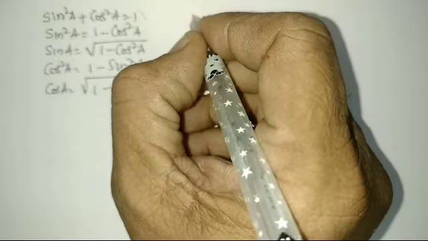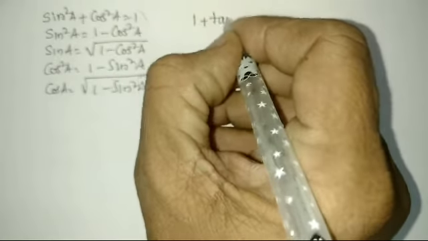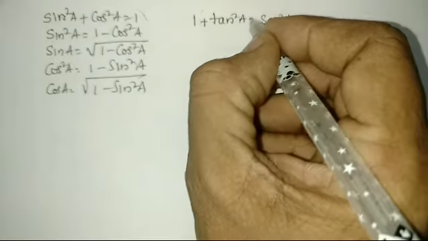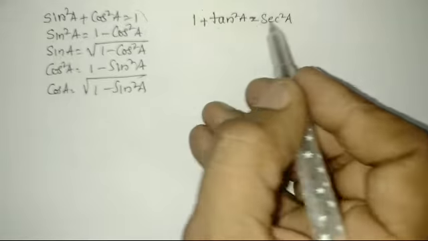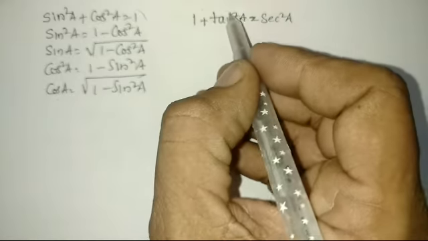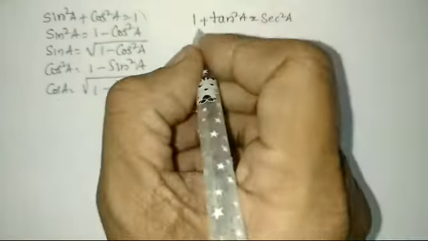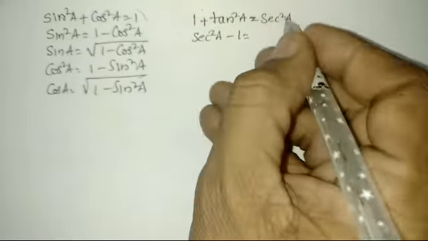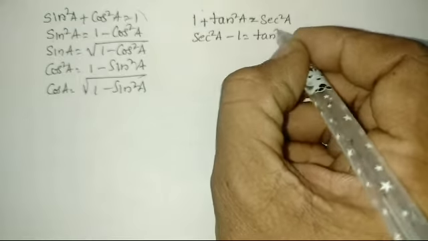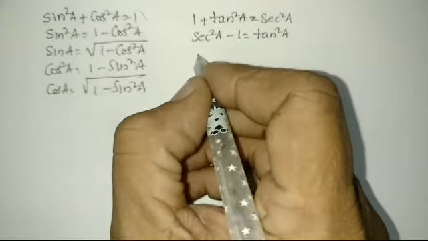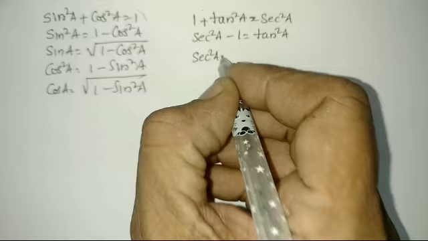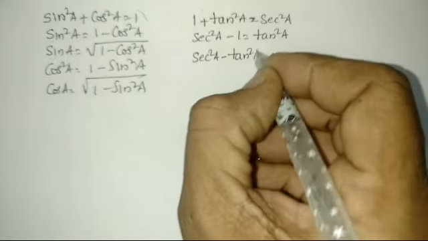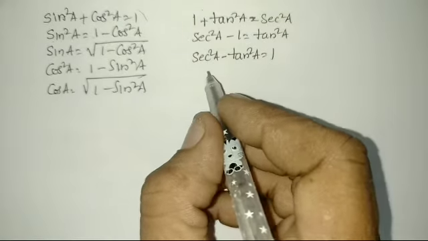Now, 1 plus tan square A equal to secant square A. Transposing this 1, we get secant square A minus 1 equal to tan square A. And another one: secant square A, transposing this tan square A, we get secant square A minus tan square A equal to 1.